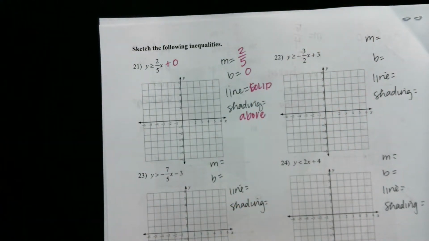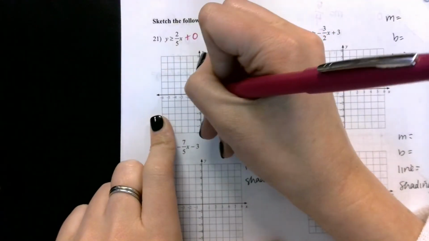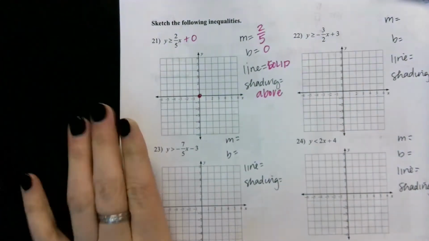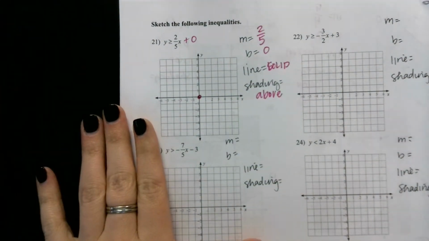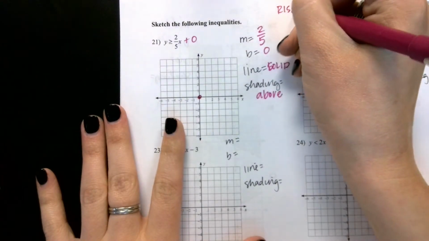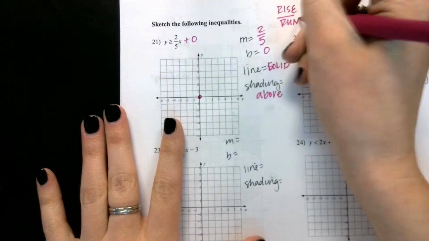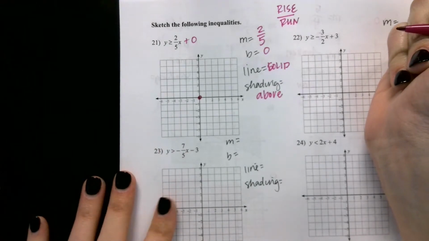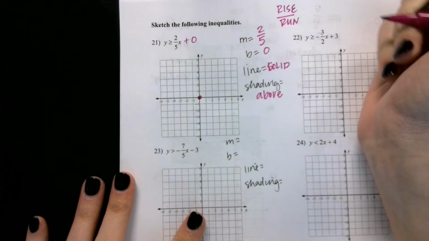So here, we are going to do the graphing. We'll always start with our y-intercept. So our y-intercept starts at 0. Our M, or our slope, is rise over run. Because it's a positive 2, are we going to rise going up or rise going down from that point? Up, very good.